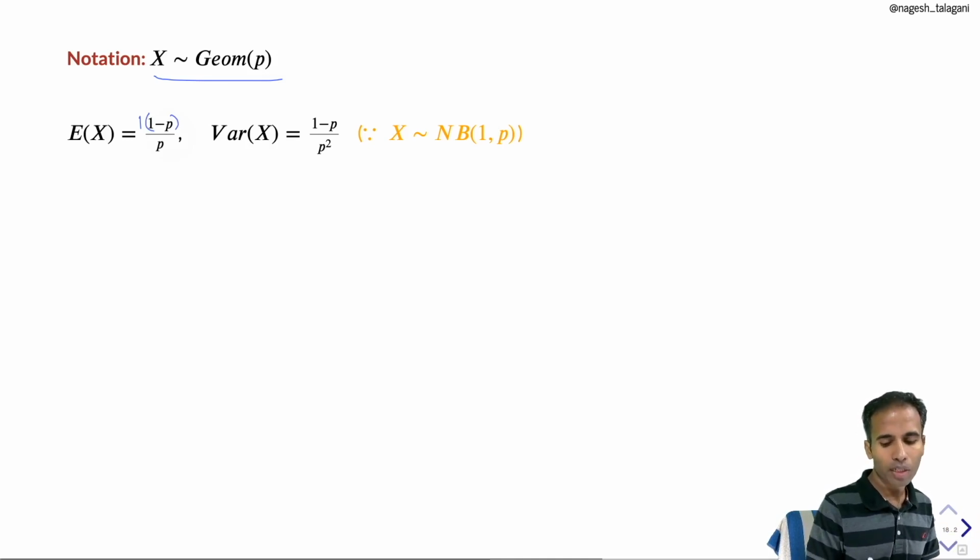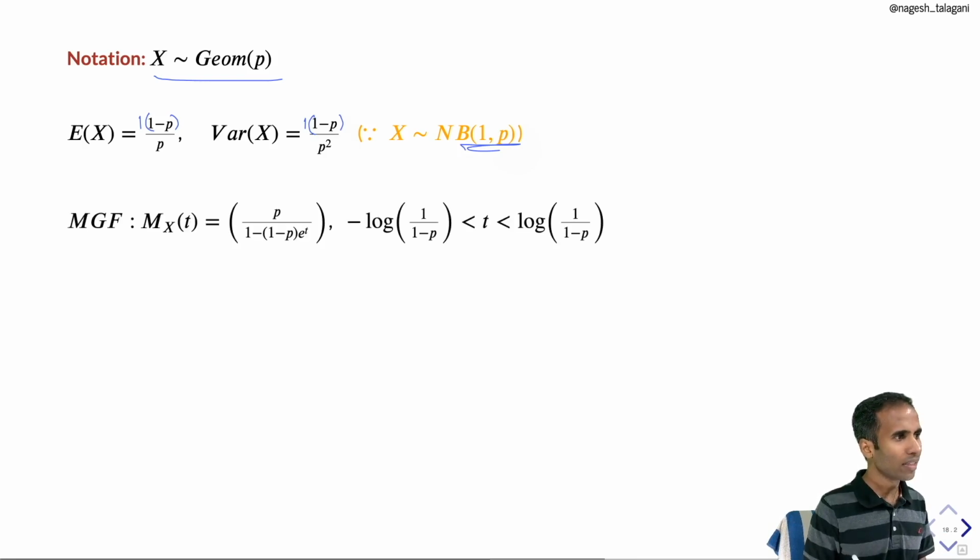The variance of X is going to be (1 minus p) by p squared, because for a negative binomial random variable the variance is r times (1 minus p) by p squared, and here r is 1. And we can also write down the MGF of the negative binomial random variable with parameter 1 comma p, simply using r equal to 1. This is the MGF of X, which is now a geometric random variable.